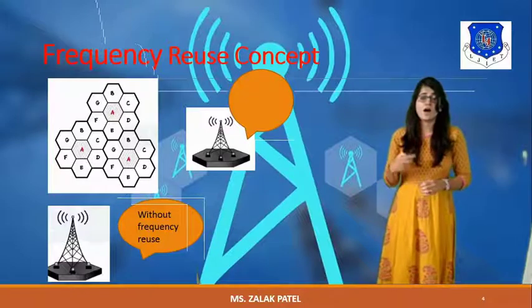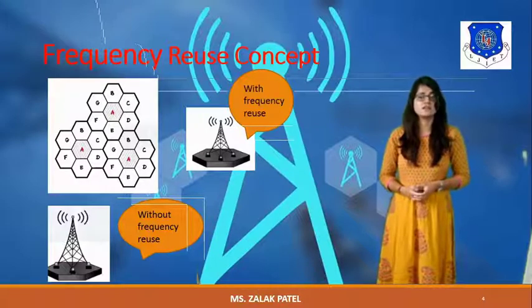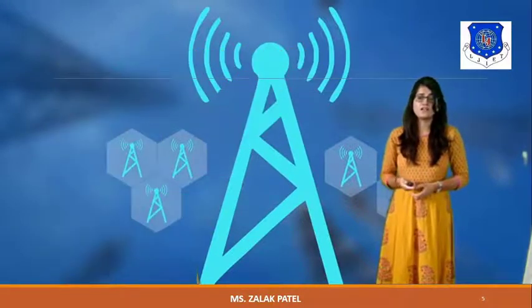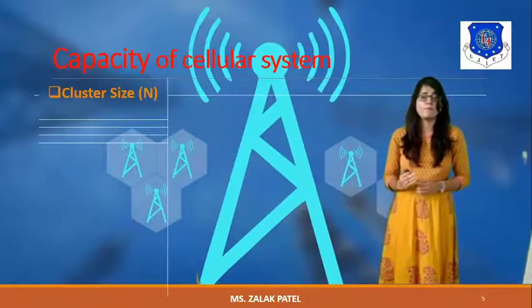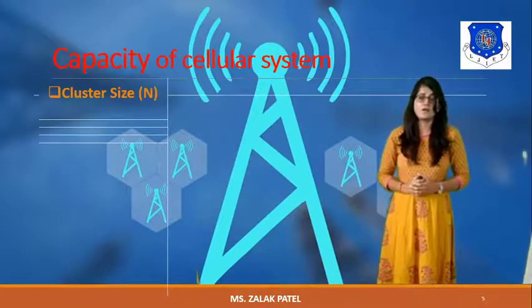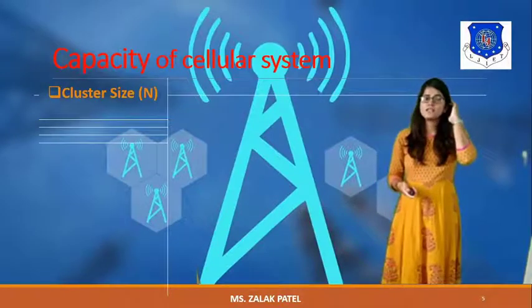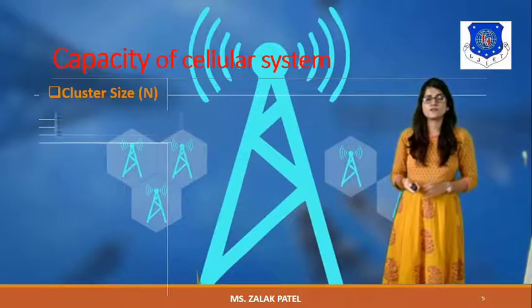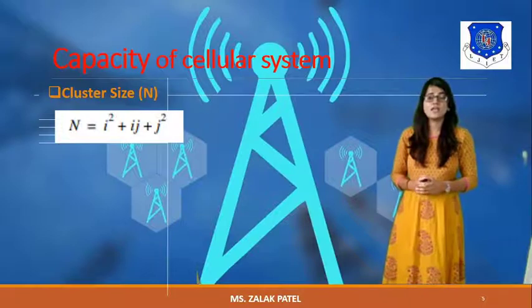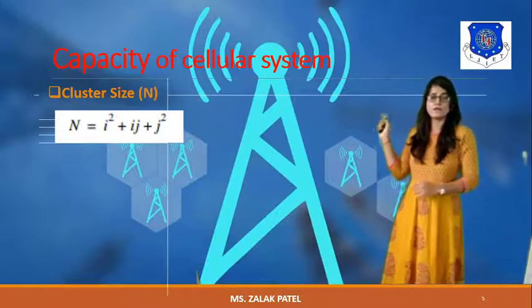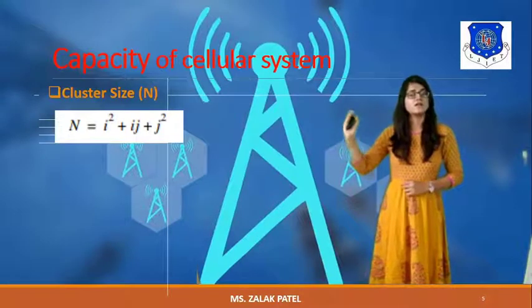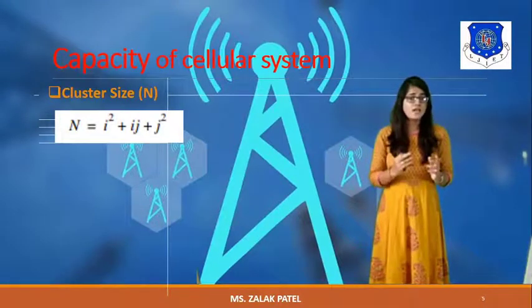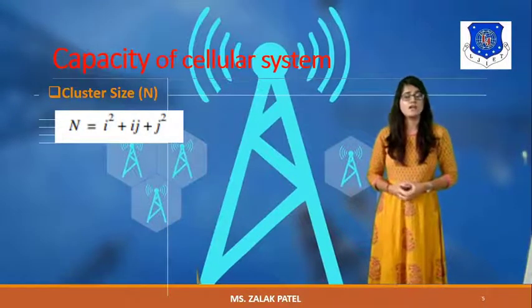Now let's see how the system capacity can be determined. The capacity of a cellular system depends on its cluster size. Now let's see what the cluster size is. Cluster size is denoted by the capital N, and N is equal to I square plus IJ plus J square, where I and J are non-negative integers.